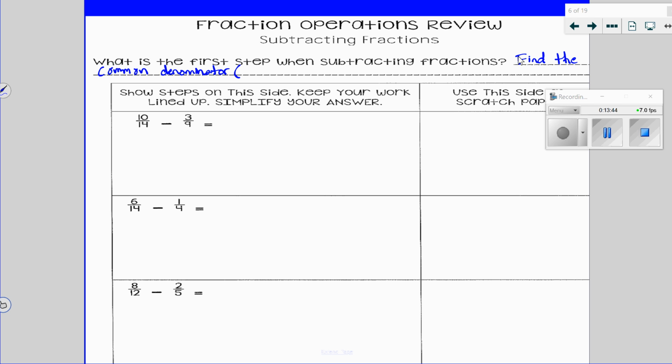We find the least common multiple. After we do that, what do we do? We did that. Then what do we do? Subtract. Then you subtract the numerators.